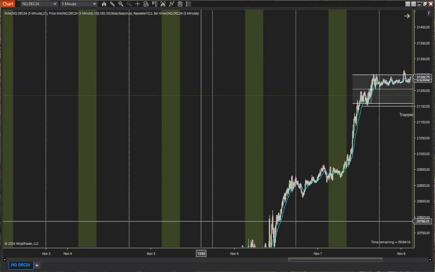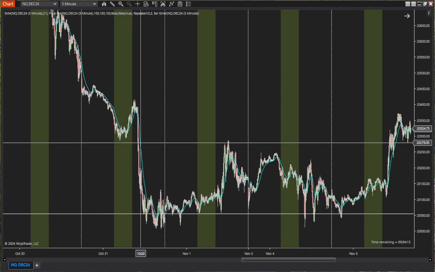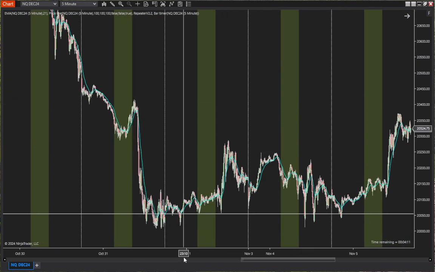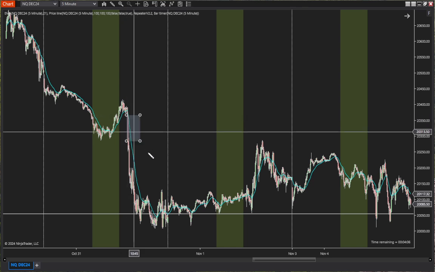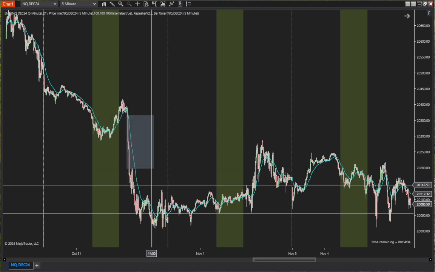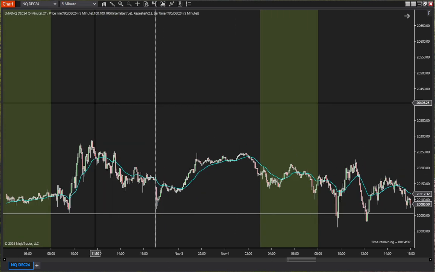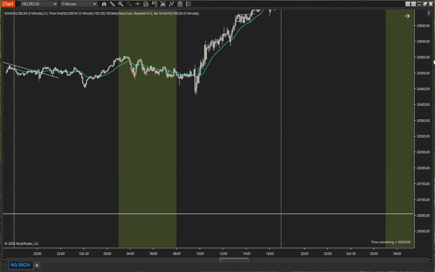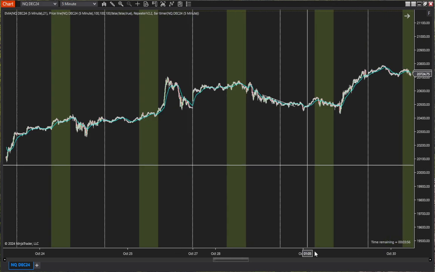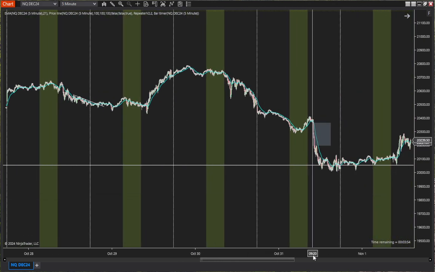Let me show you. I know I've gone over it. This is an imbalance. Beautiful imbalance. In this level right here, between here and here, it's an imbalance. Why is that? If you look, there's no green candles. And price pretty much, did we lose it? There it is.